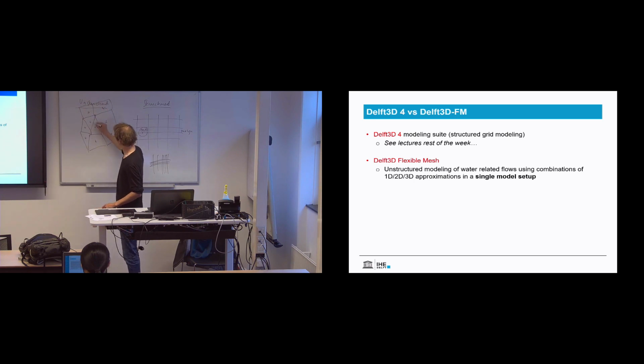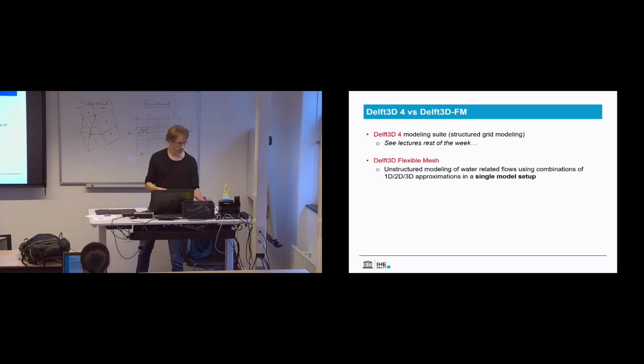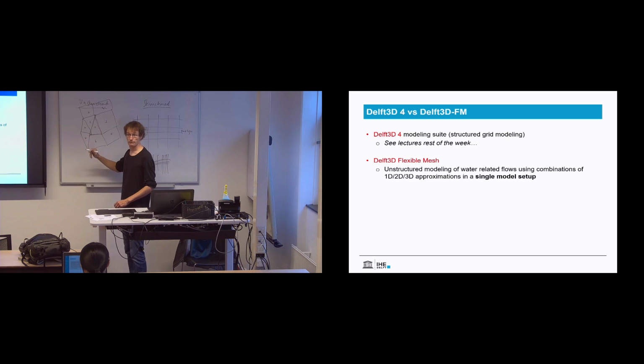So this cell here is a triangle. It only has knowledge about its neighbors. So the only thing it knows is that this is a neighbor, this is a neighbor, and this is a neighbor. It doesn't even know that this is a neighbor, or that this is a neighbor.